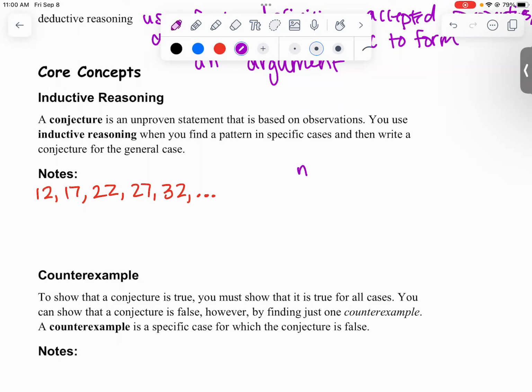But I want to know, what are the next three terms?